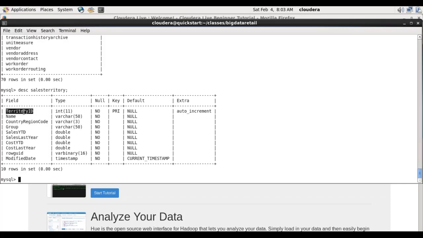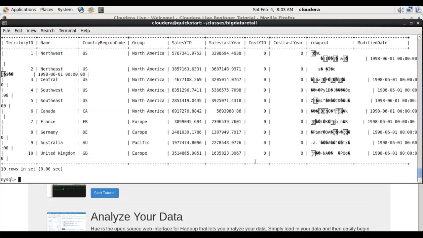So these are the territories we have for the store, and let's see all of them. We don't have any big one right here, so we can just view all from sales territory. Let's see, we have 10.